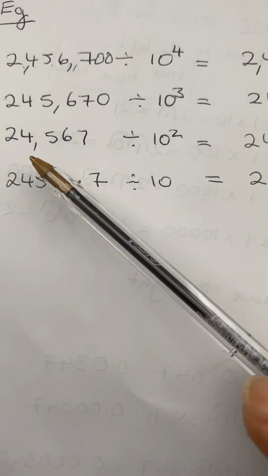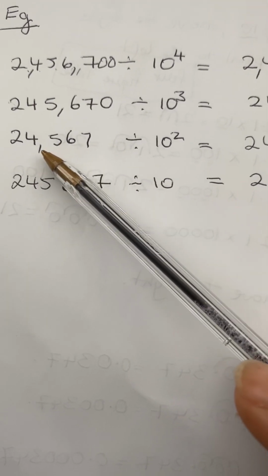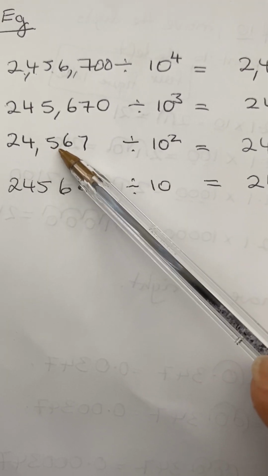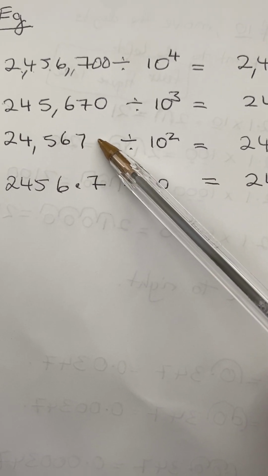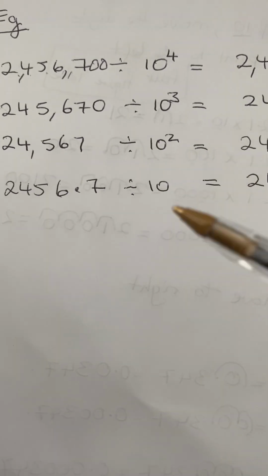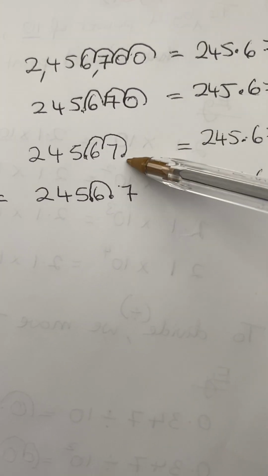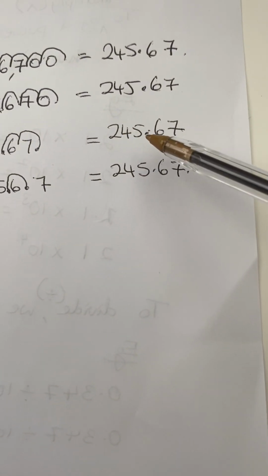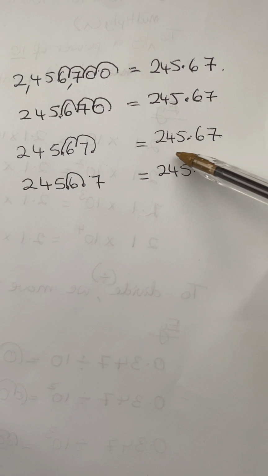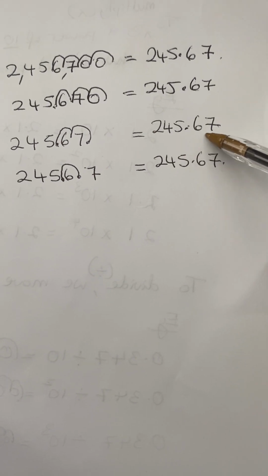Okay? So this whole number here is 24567.0. And we are going to move it 2 places backwards. So the decimal is here, 1, 2. So our new number will be 245.67.